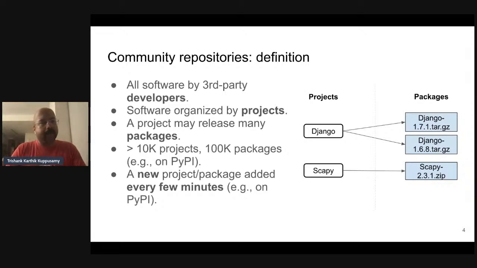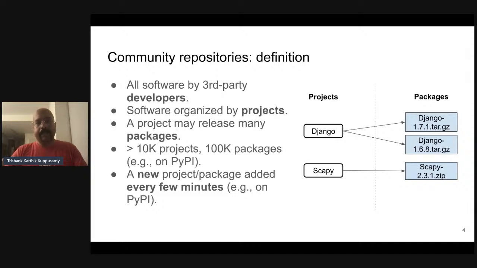You typically have an order of tens of thousands of these projects, and the number of files and packages that they contribute in total can be in the order of hundreds of thousands at the very least. The other defining thing is that you can add a new project or package every few minutes, for example, on PyPI. That was the case a few years ago when I last looked at it. Probably the rate has improved vastly now.